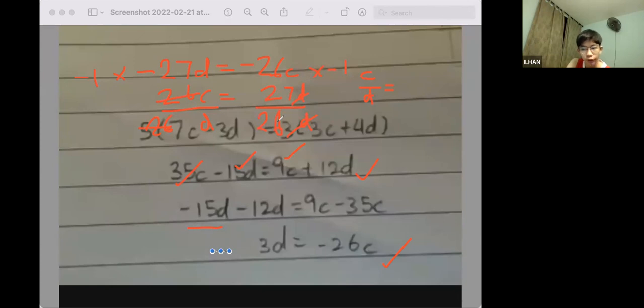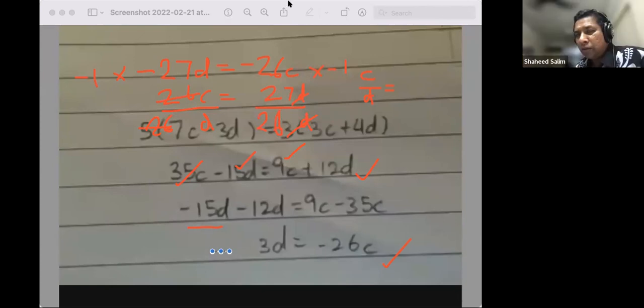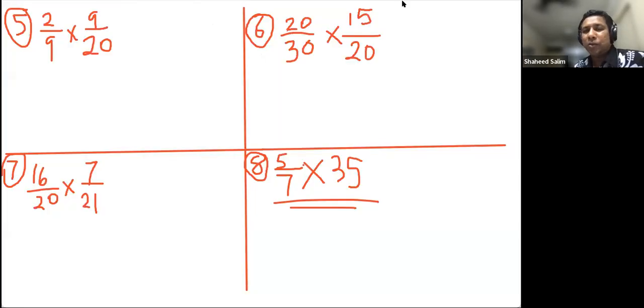Are you sure? Okay, I give you a question now. The only way is to check. Okay, hold on. This one now is from a previous student. Okay, we try now. 3A equals to 4B.